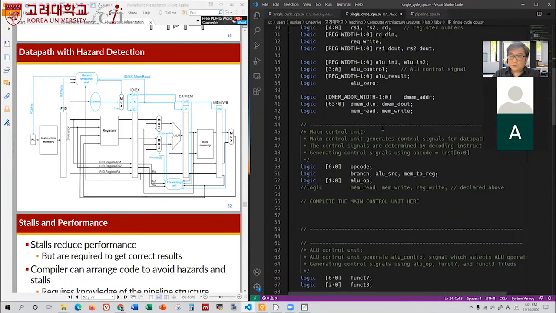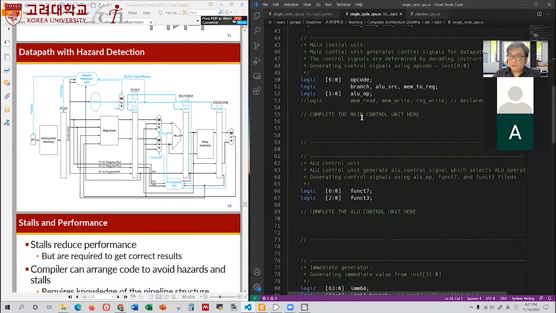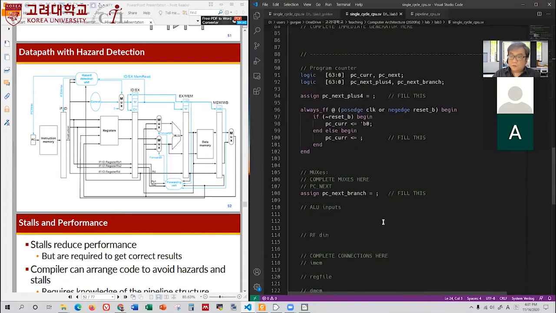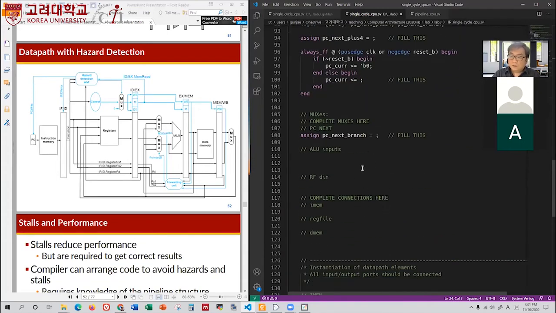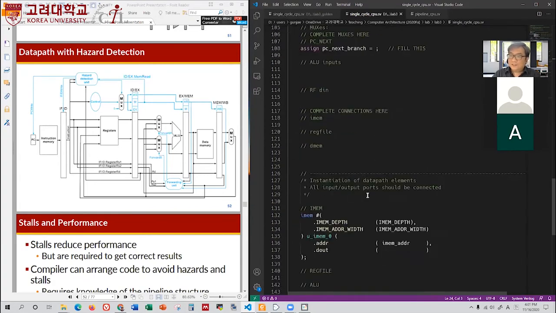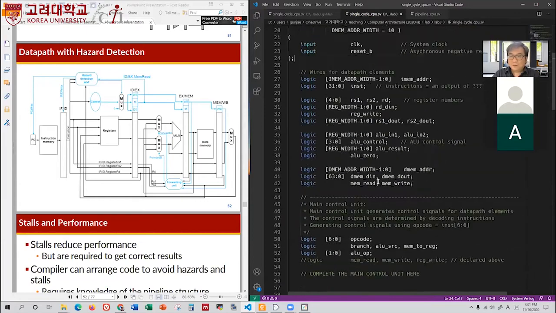Actually, the students are requested to complete the main control unit, ALU control unit, also the immediate generator, program counter, and several muxes in the single cycle processor. Also, students need to instantiate the data path elements such as instruction memory, register file, ALU, and data memory. So this is the incomplete code.